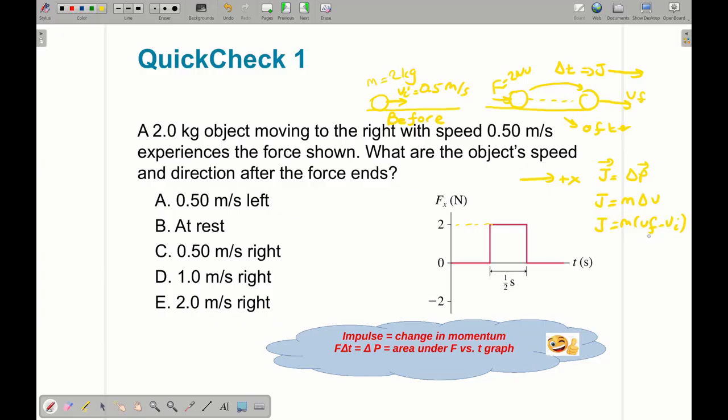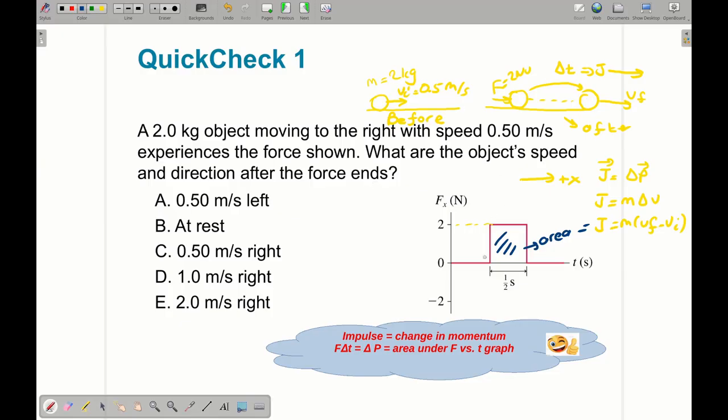And the result will give us, if v final is positive it is to the right, negative is to the left, that will tell us what the direction is in this simple case here. Now, how do I find J? As we discussed before, it is the area under the graph. So this area is equal to J, which is equal to delta p, or m delta v, m times v final minus v initial. Knowing v initial and m, I can solve for v final.